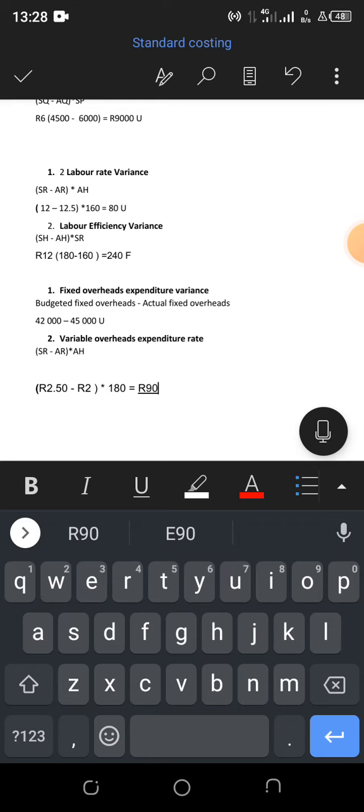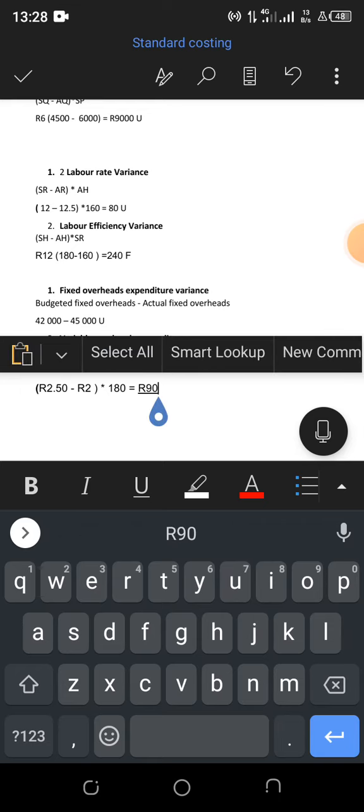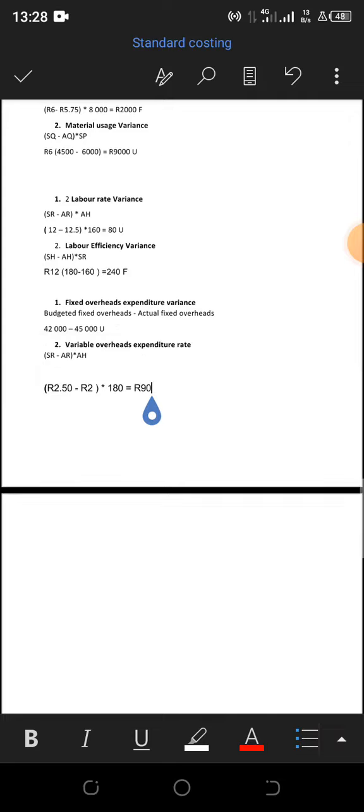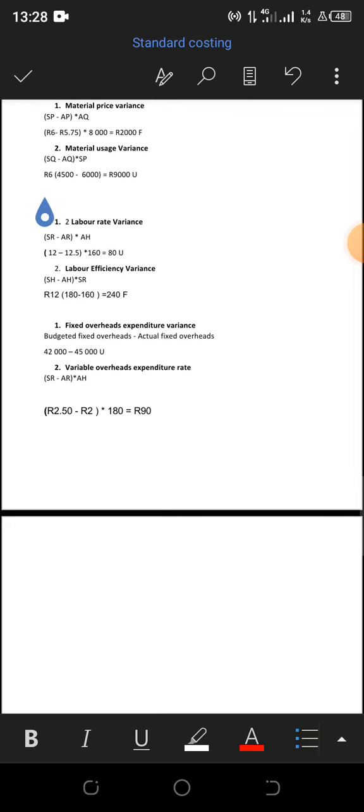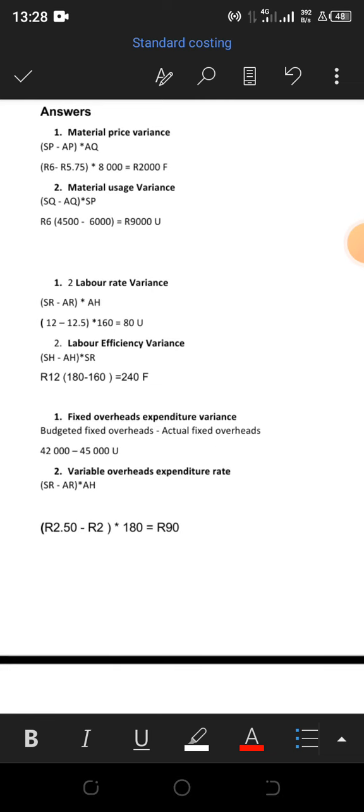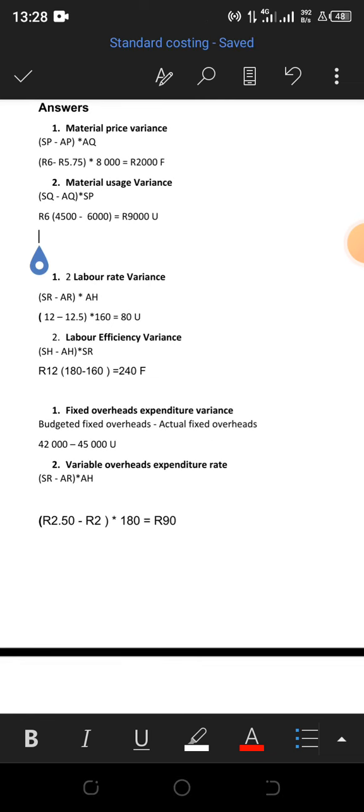Okay, the last part is to interpret now. If you check the standard rate, the one that we planned to spend on variable overhead, it was 2 rand 50, but we ended up spending 2 rand. Is it favorable or unfavorable?